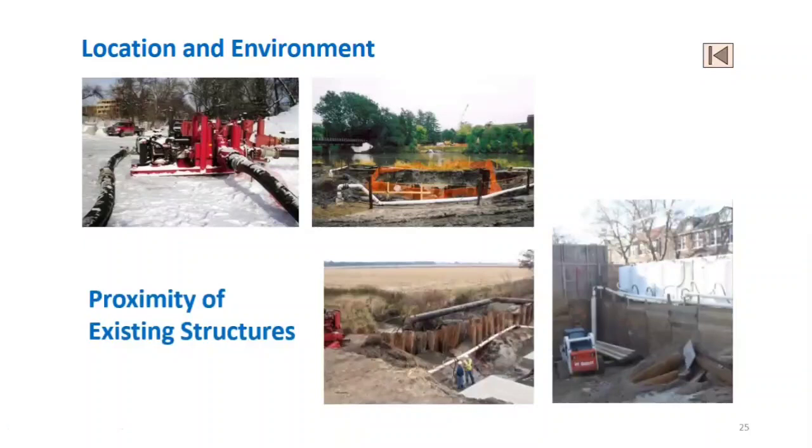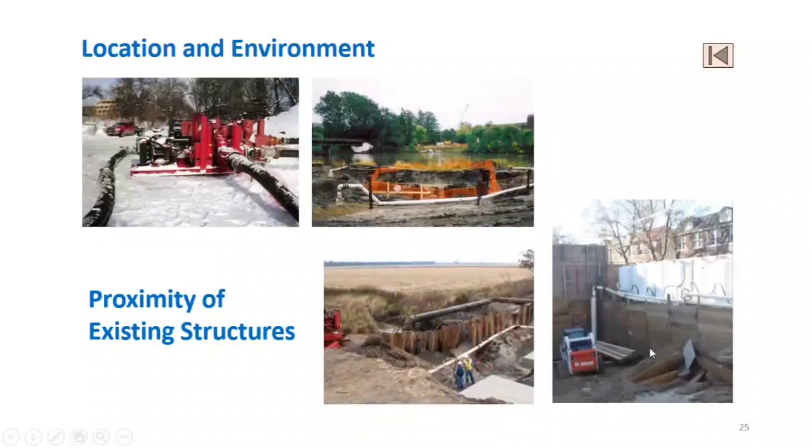Like I said, proximity of the existing structures: where are they? If you see in this situation, it's a remote area, so you don't have any issues. You can remove water at any rate you want, and nothing is going to happen because there is nothing nearby, just fields.